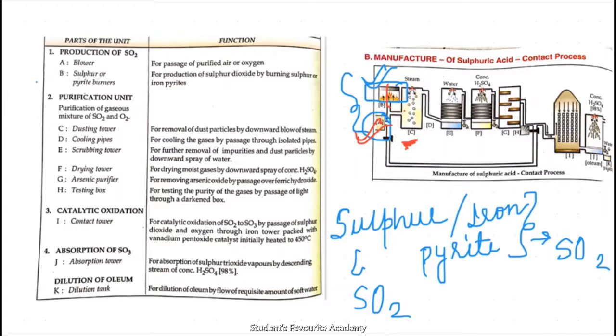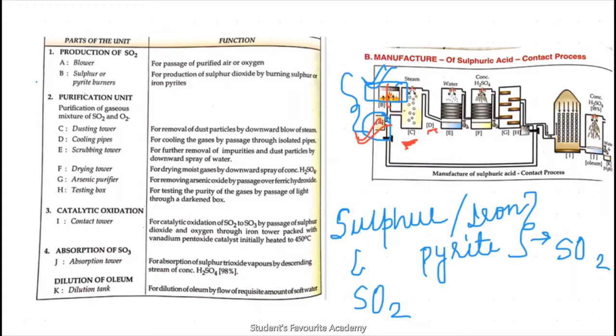It just removes the particles which are there. Although we have taken purified air, if there are any impure particles, they will be cleaned by the steam. Then once it is cleaned, it will move to D.